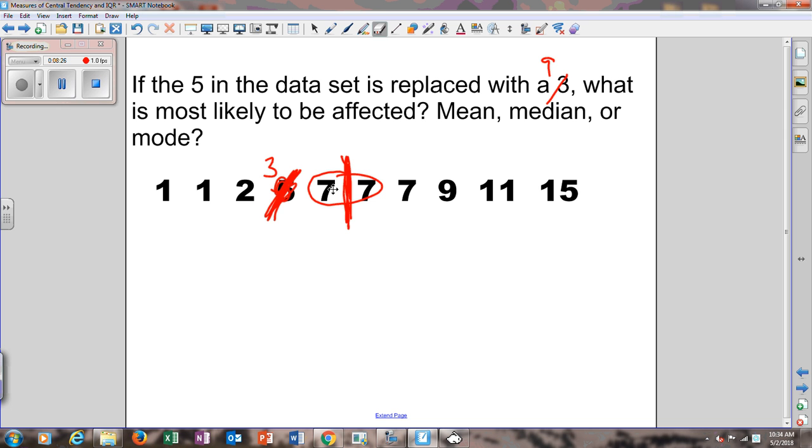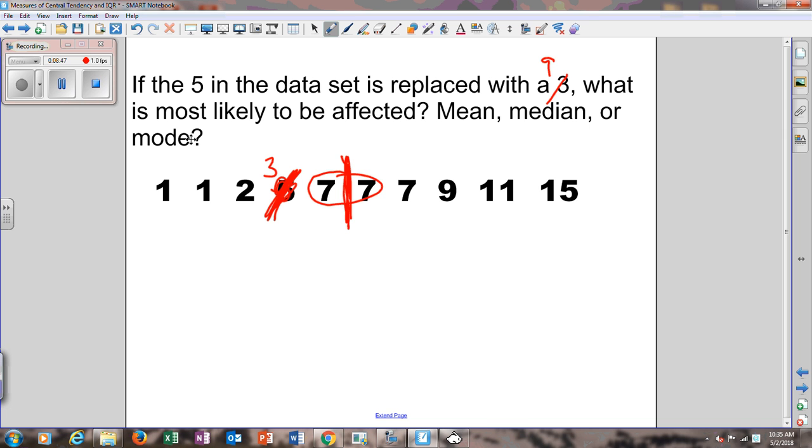Is the mode going to be affected here? Well, our mode was 7, and this does not make any number, like this does not make the 1s equal to, there's 3 1s now. It's still a 3. So it's unaffected. It does not affect the mode at all.